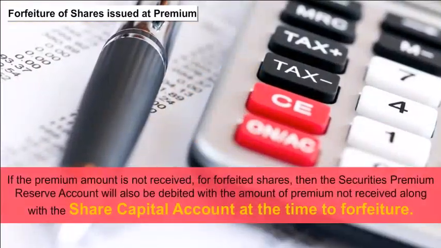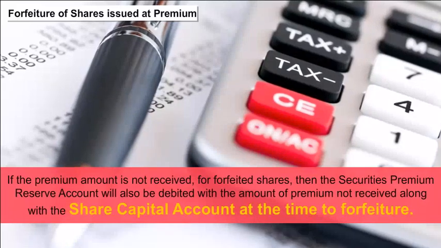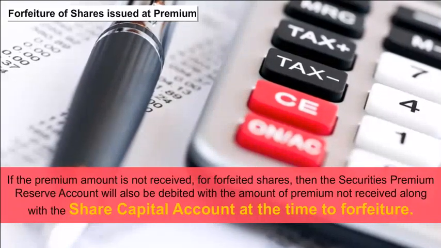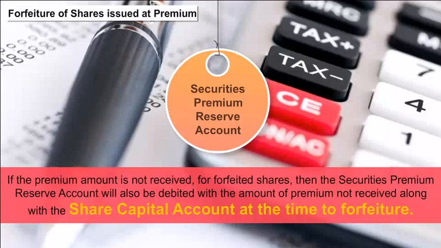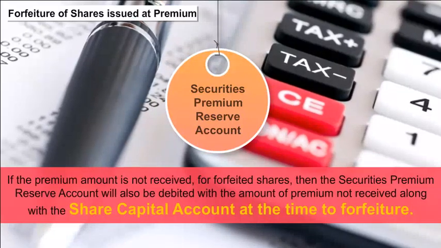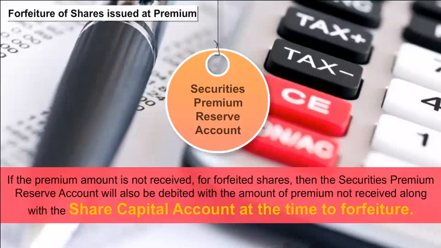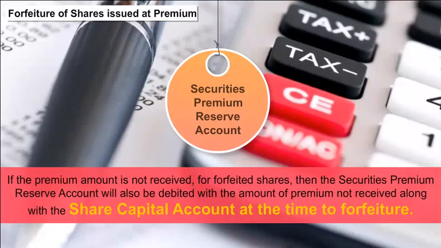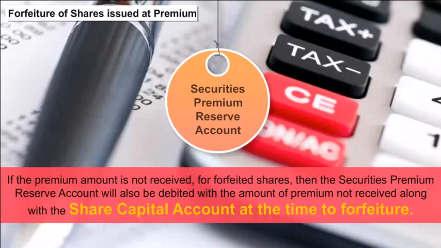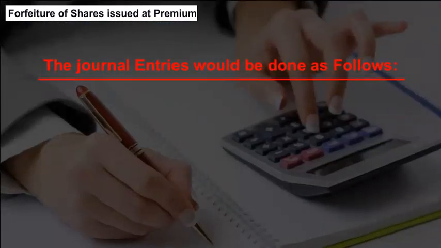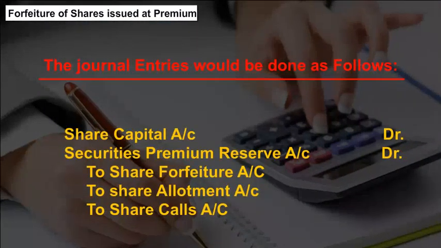If the premium amount is not received for forfeited shares, then the securities premium reserve account will also be debited with the amount of premium not received along with the share capital account at the time of forfeiture. The journal entries would be done as follows.